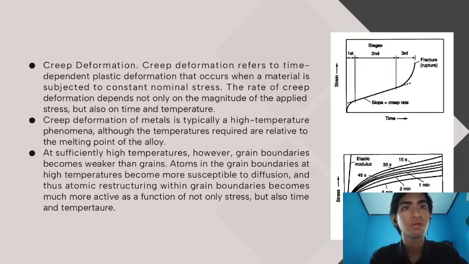The relative portion of the total time to rupture taken by these three stages depends on several factors. Values of strain and time are typically plotted on a log-log scale in a creep diagram. The results of creep tests are reported in a variety of ways.